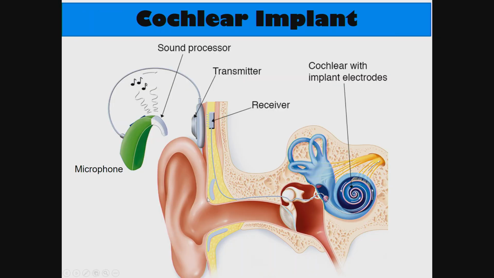Let's look at how this works. So a microphone takes in the sounds, the sound processor sends it to the transmitter and receiver, and then that's sent through right to the cochlea.